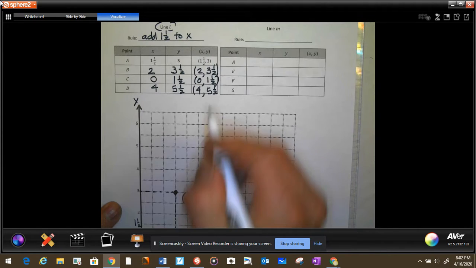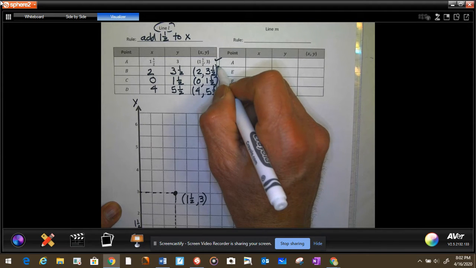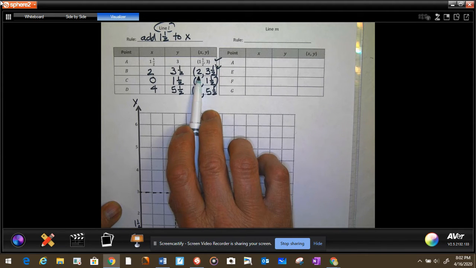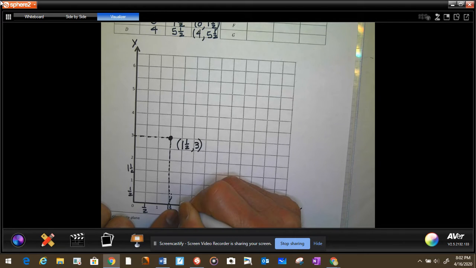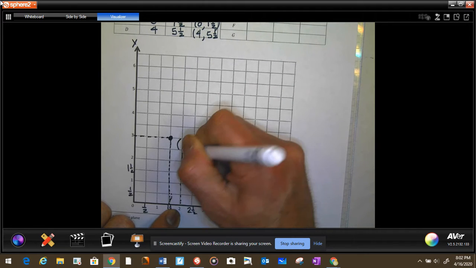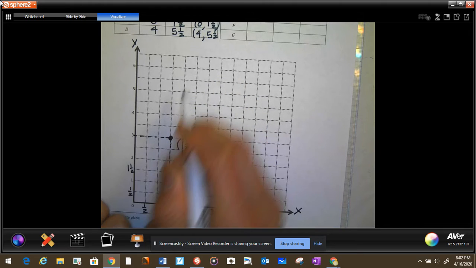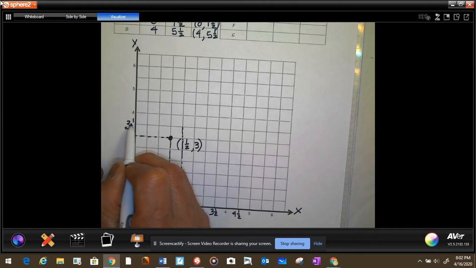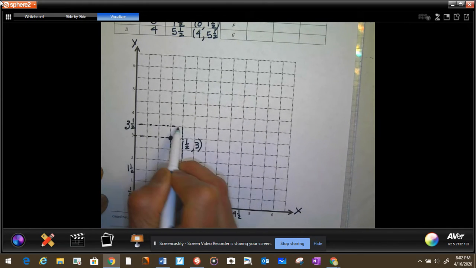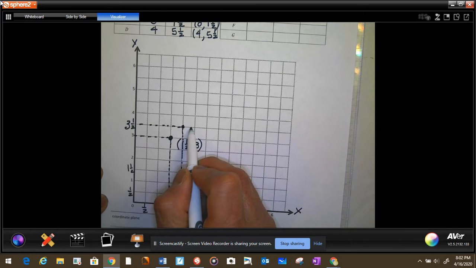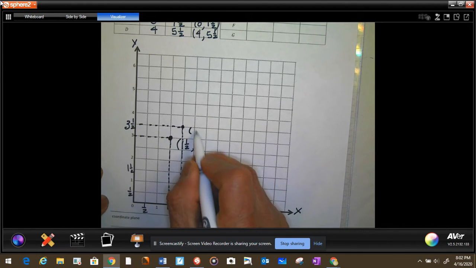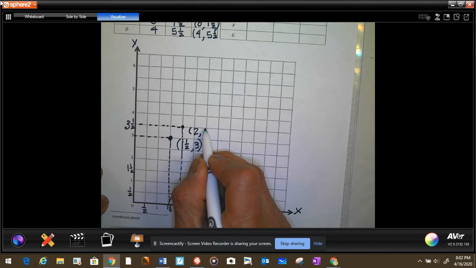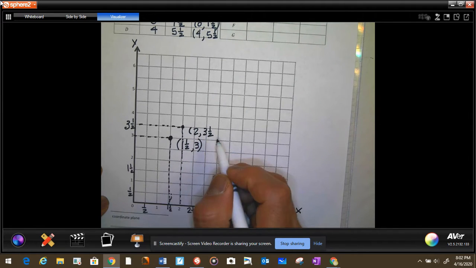Our second point is 2 and 3 and one half. So we're going to run to 2, and we're going to jump to 3 and one half, which will be right here between 3 and 4. So that's where the points intersect, and we're going to label this point 2 and 3 and one half.